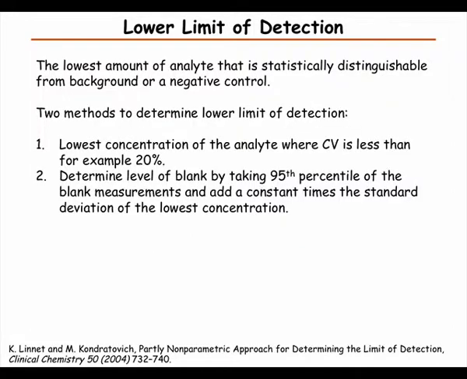So now, if we go back to the lower limit of detection, there are two different ways that people often do this. One is to say that we want a coefficient of variation that's less than, for example, 20%. It's just an arbitrary number, and for a lot of applications it might be 10%.